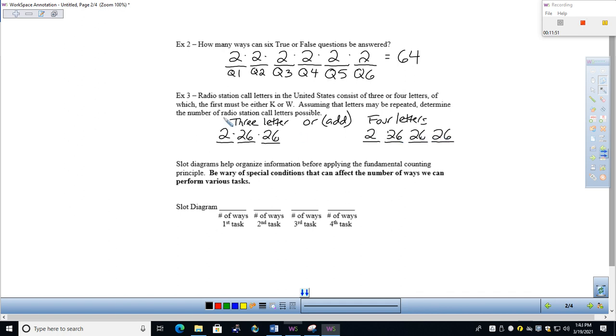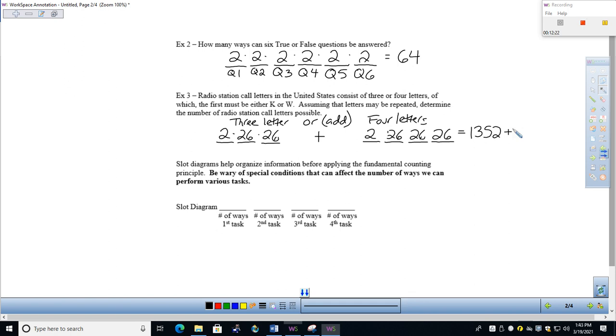Cool. Now it could be either 3 letters or 4 letters, so I'm going to put a big plus in between here, and we should be able to come up with the final answer momentarily. If you do 2 times 26 times 26 on your calculator, that should give us 1352, by the way. And you have your calculator, so you can certainly confirm.